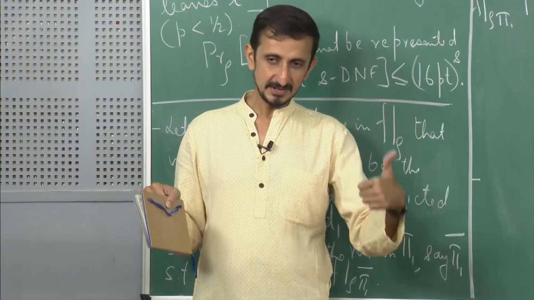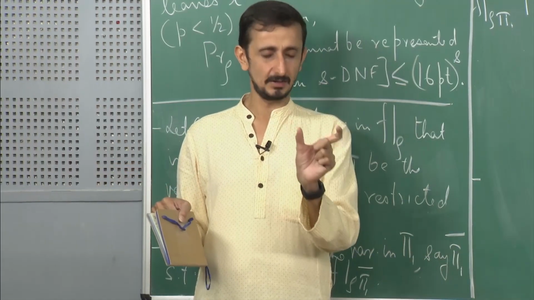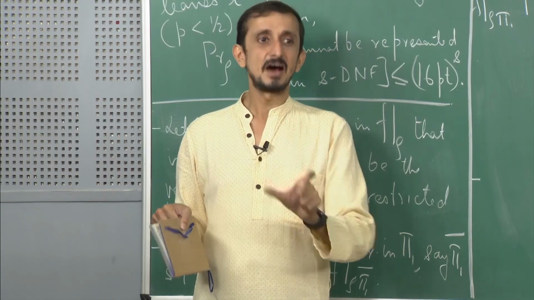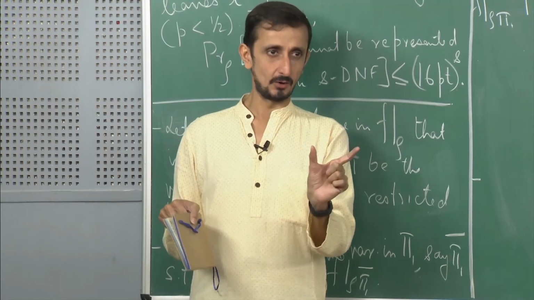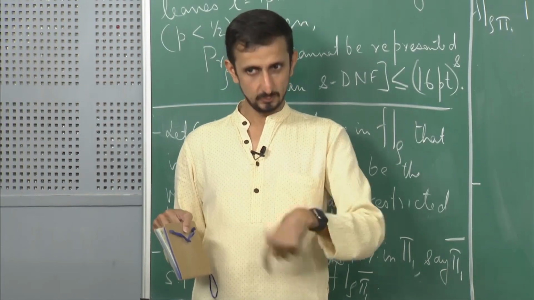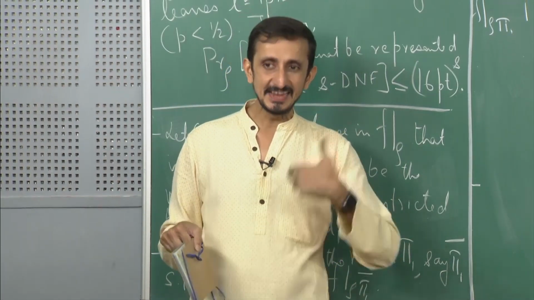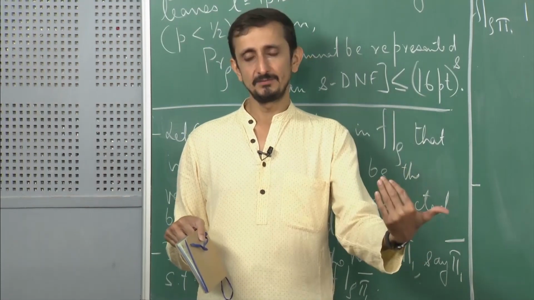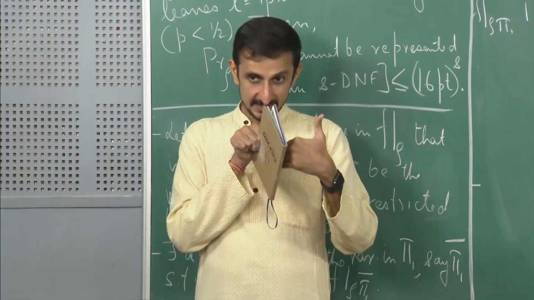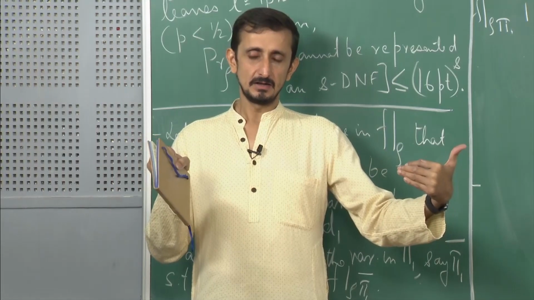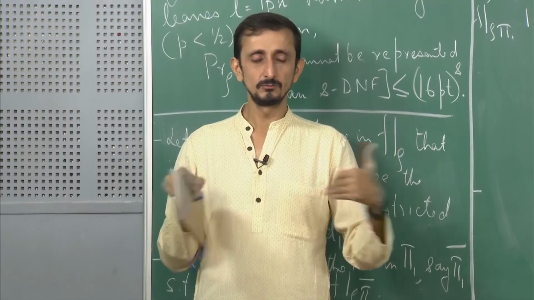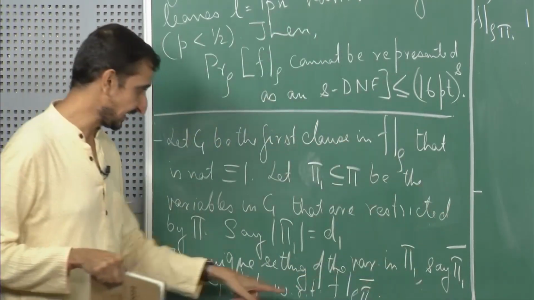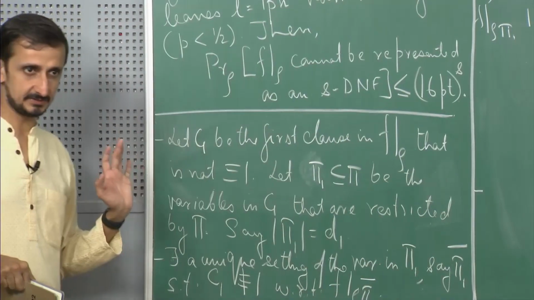So, I have to ensure that each of those d1 variables is 0. If I have a variable in the positive form, then I will set that to 0. If I have a variable in the negated form, then I will set that variable to 1. So, each of those d1 literals remains 0. That is exactly what we are doing in this construction.